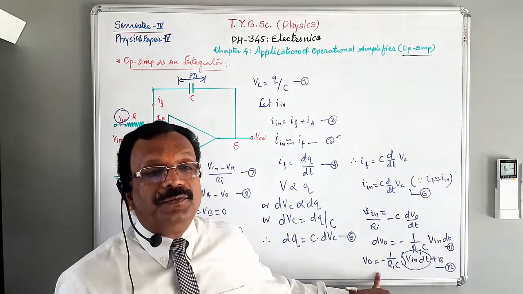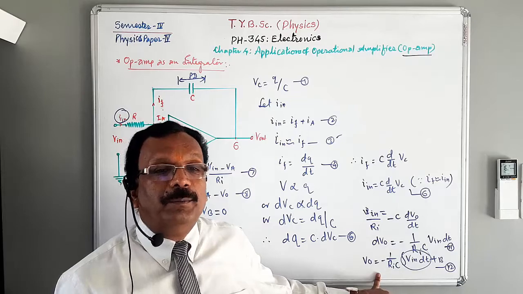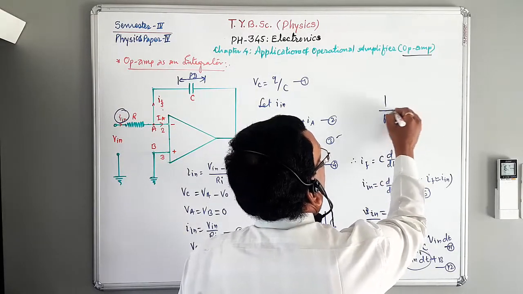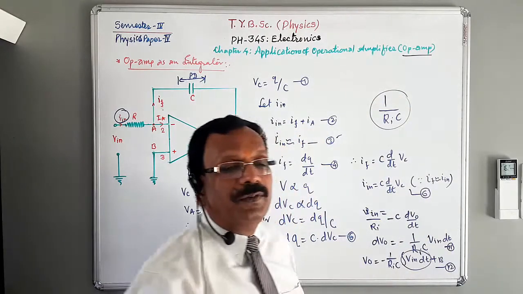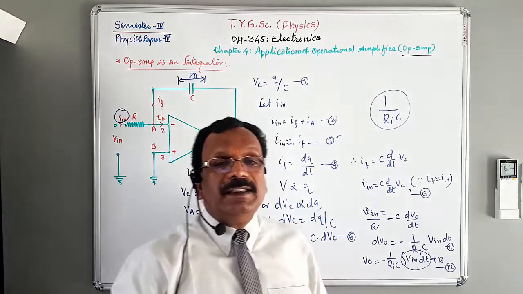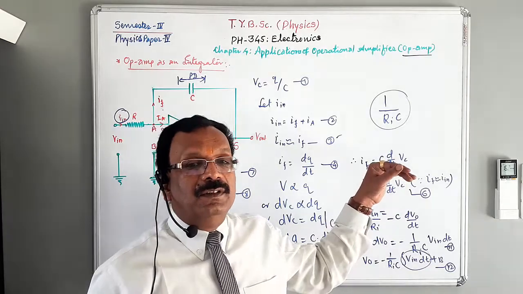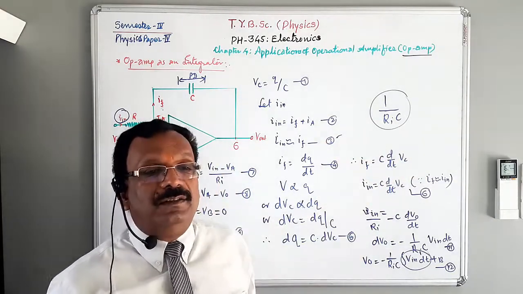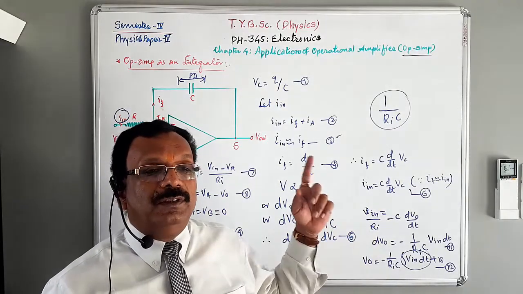The gain of this integrator may be written as 1 upon RIC. This is the gain of an integrator, in terms of output for each volt of input signal.